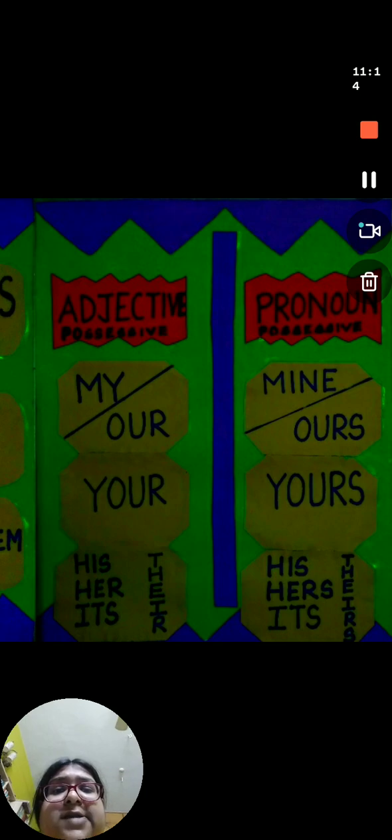Let's understand with the help of examples. Your bag is red in color. Your bags are red in color. So in the sentence, your bag is red in color, the subject is singular. And in the sentence, your bags are red in color, the subject is plural.